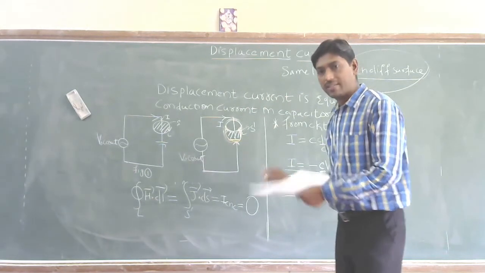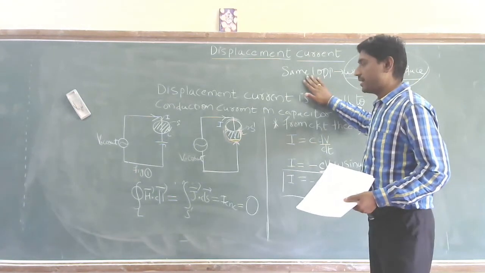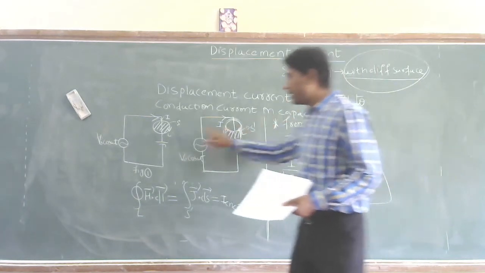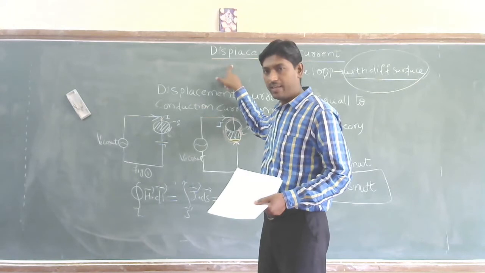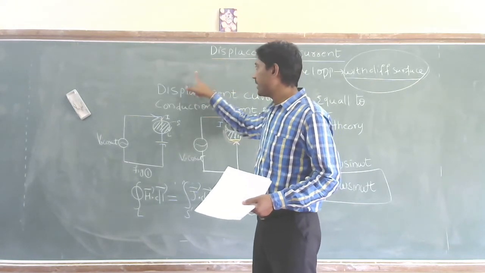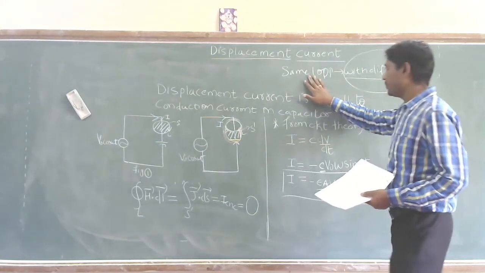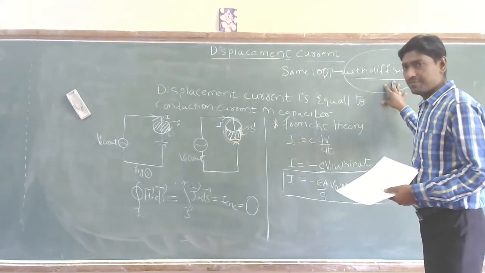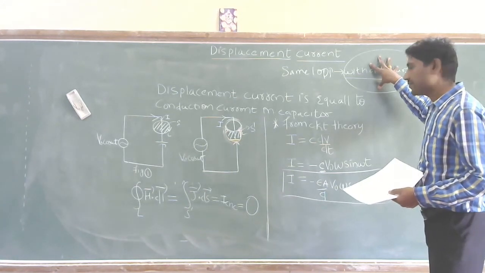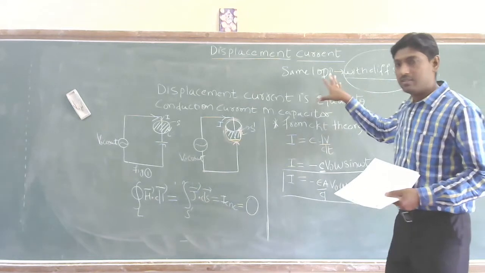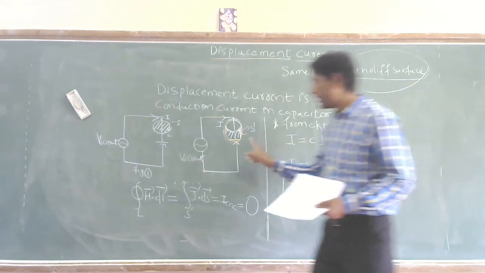This is contradictory, because Ampere circuit law says that the closed loop integral of H dot dl is equal to I enclosed. You can apply the Ampere circuit law with the same loop for any number of different surfaces, such that all those surfaces have the perimeter as this particular loop, and that's what I have taken.